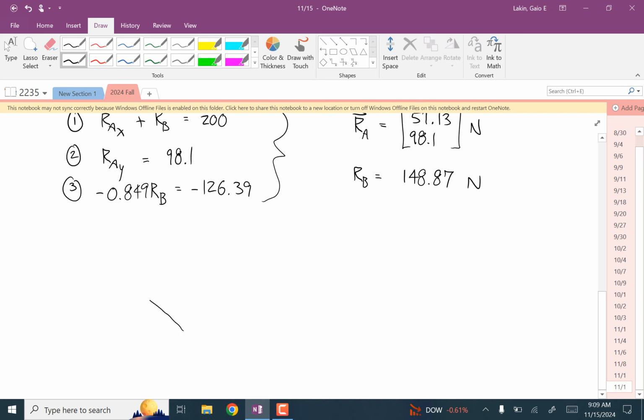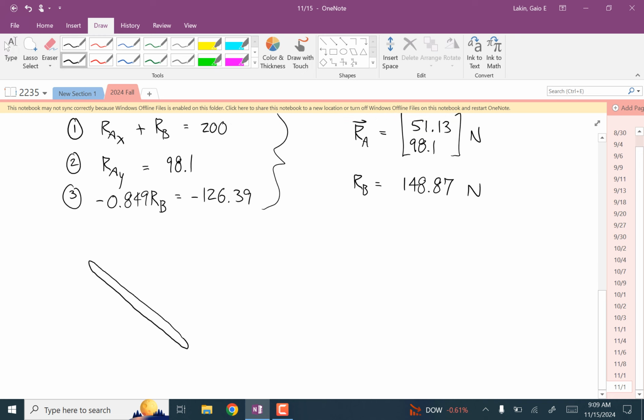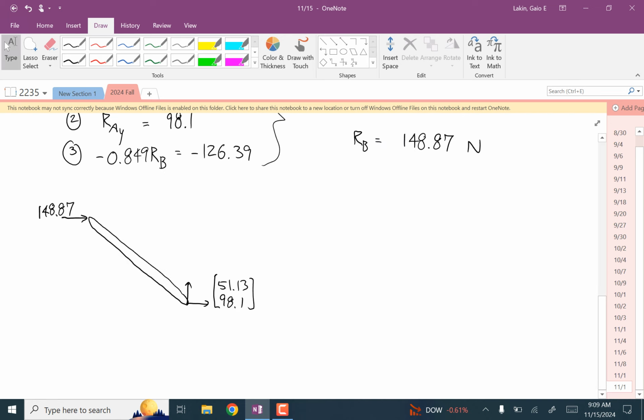Okay, so here's the beam. Let me write out everything we know. So RA, we have a vector of 51.13, 98.1. RB is 148.87. We have a 200 Newton force here.